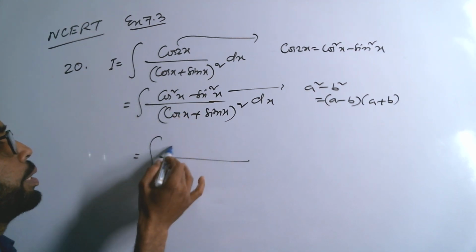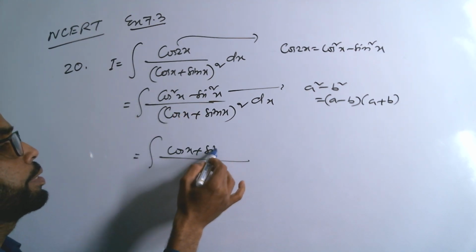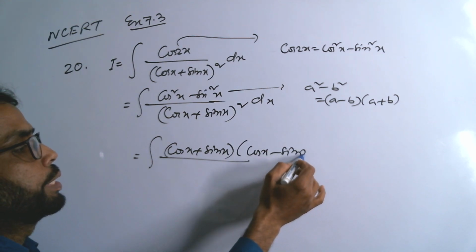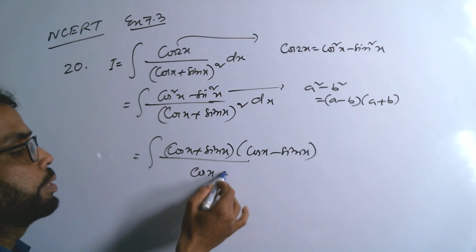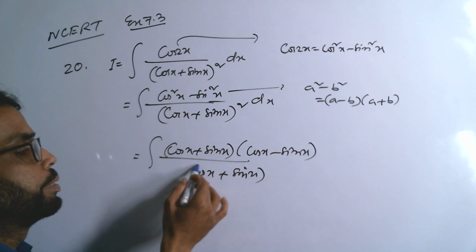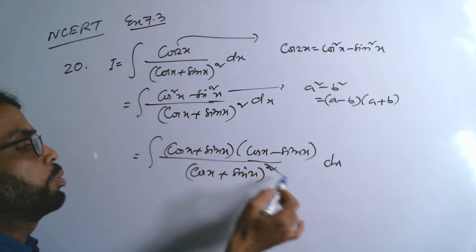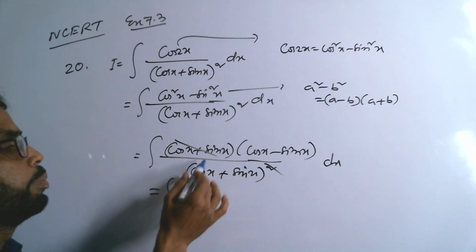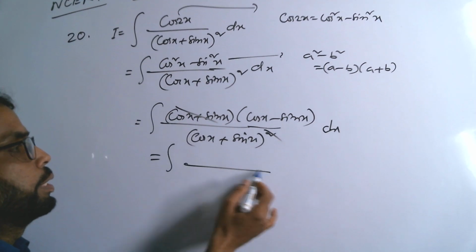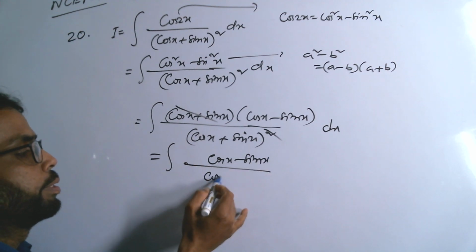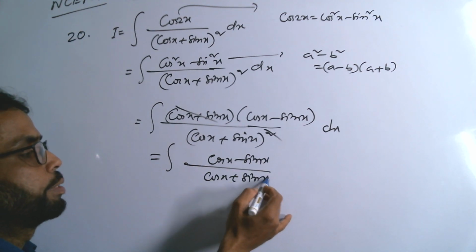Then the numerator is cos x plus sin x into cos x minus sin x. The denominator we keep as it is, dx. The square and one term get cancelled. Then the remaining is cos x minus sin x by cos x plus sin x.